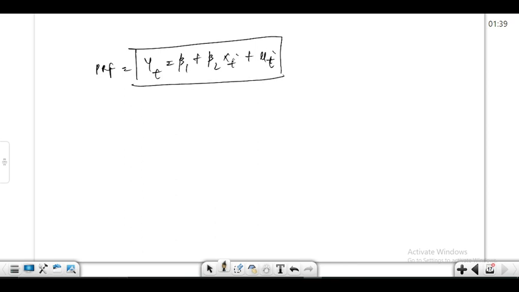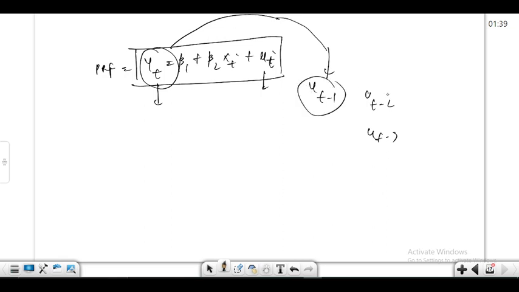Through this assumption, I'm saying that my ut term should not be affected by any ut minus 1, ut minus 2 or ut minus 3 term. So my current y value in this time period t should not be affected by any error term of the previous time frame.